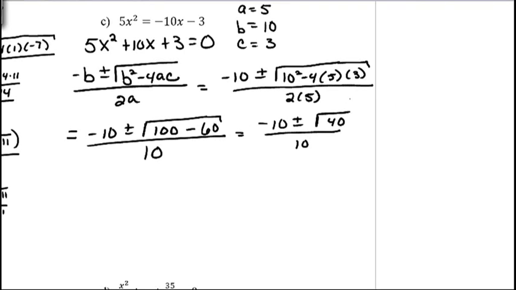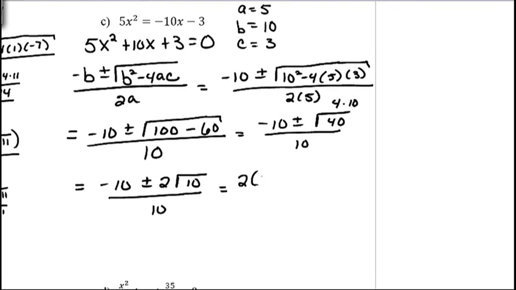And we can simplify the square root of 40 because 40 is 4 times 10, and we can take the square root of 4, it's 2. So we have negative 10 plus or minus 2 times the square root of 10, and this is all over 10. And we have a common factor of 2 in our numerator, so we're going to factor that out. That'll give me 2 times the quantity negative 5 plus or minus the square root of 10, and this is all being divided by 10.